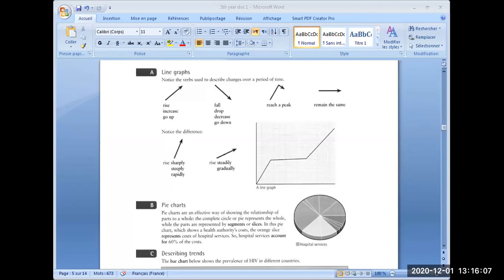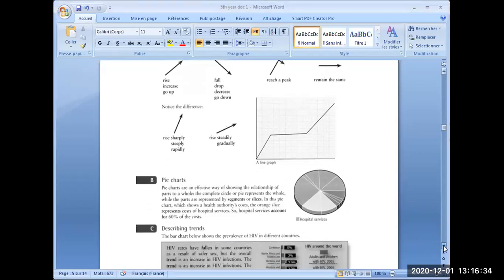Steady. Okay. Next you have rise sharply. We can say rise sharply. It rises steeply and rapidly. The word steeply is the adverb to describe the movement, or it rises steadily, gradually, and you have the line to make you understand exactly the movement.